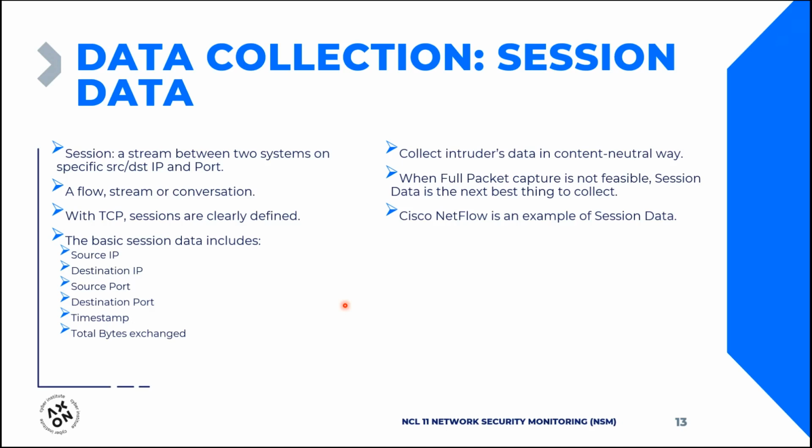NetFlow, created initially by Cisco, extracts this data from the network and saves it. And you can have a lot of statistics about them, and they are helpful. So at some point where you cannot have full packet capture, session data and session statistics will give you some clue about your network.